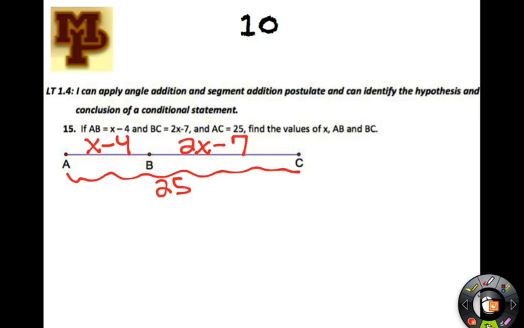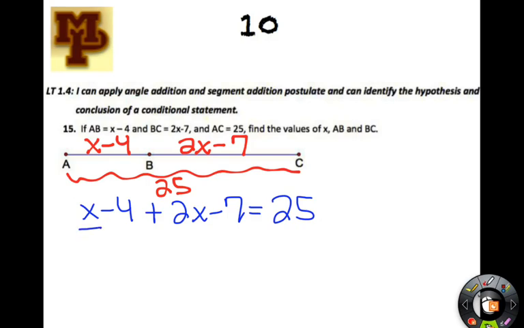So that's how we set up our equation: x minus 4 plus 2x minus 7 equals 25. And then we use our algebra skills to solve this. So we add up our x's, so that's 3x, then -4 and -7, that's minus 11, equals 25.